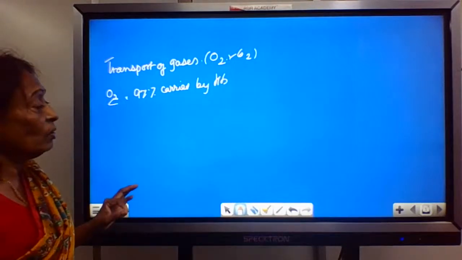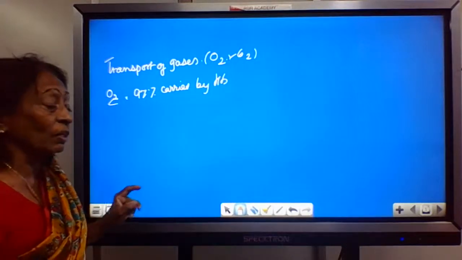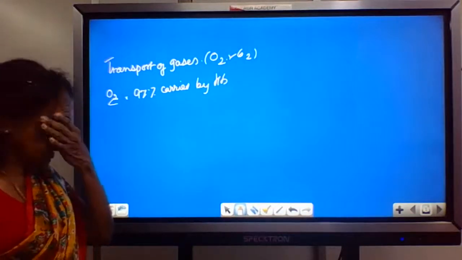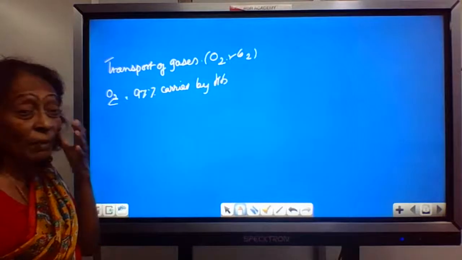All right. Now 100 ml of blood, oxygenated blood, can give you about 5 ml of oxygen.